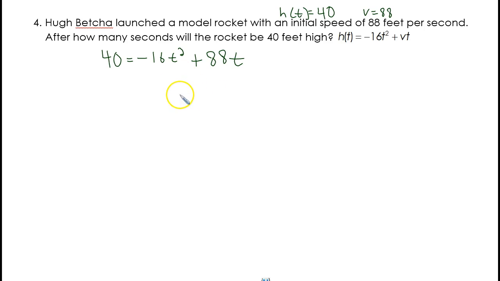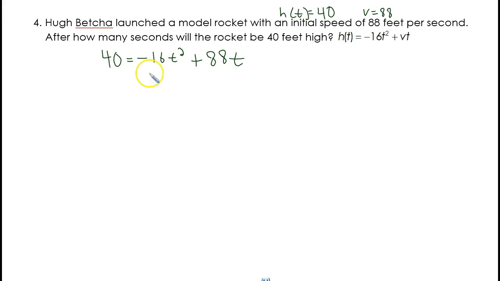Well, the first thing that I want to do probably is to try to factor it. And to factor it, I need a leading coefficient that's positive, and I need everything on the same side of the equal sign. So instead of subtracting 40, which may be your first inclination, it's probably going to be better if we take the two variable terms to the left of the equal sign, because you only have to add or subtract one number that way, so that we end up with a positive 16t squared.